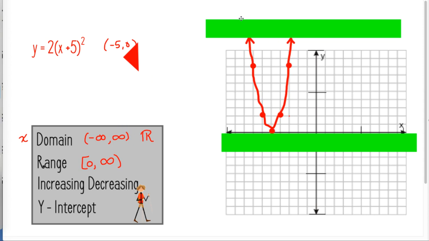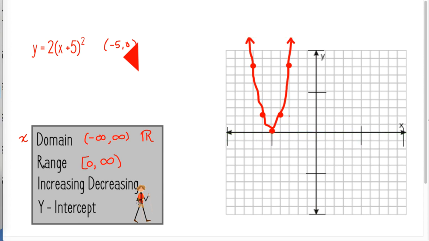Now for increasing and decreasing, we have our little hiker. Once again, increasing and decreasing, we are talking about what x values make the graph either increase or decrease. So our little hiker, if we're going from left to right, our hiker is going down as we move from left to right, right?